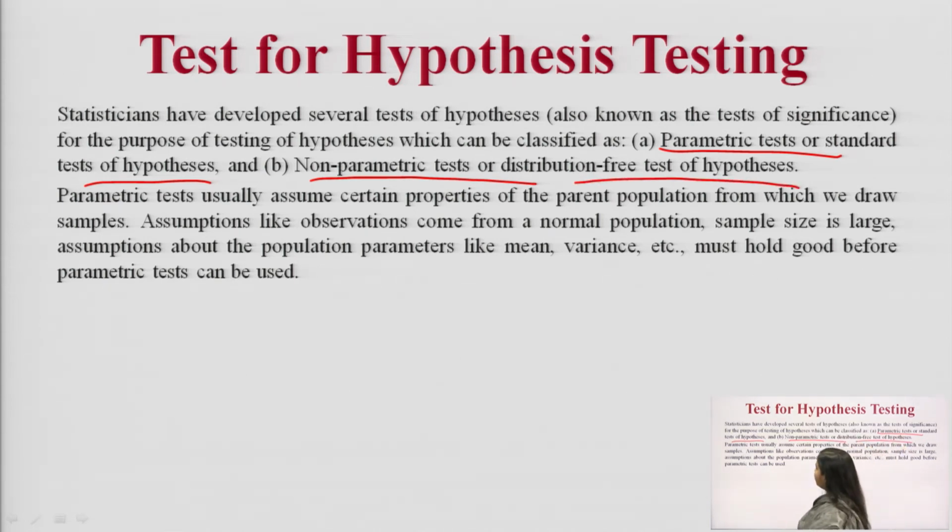The parametric test usually assumes certain properties of the parent population from which we draw the sample. What happens in the parametric test?